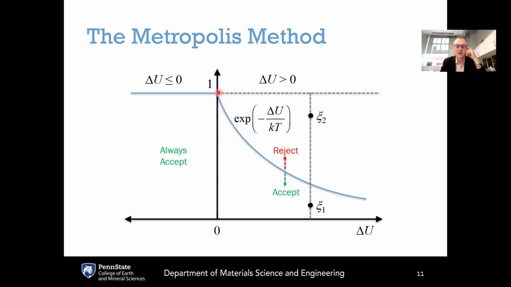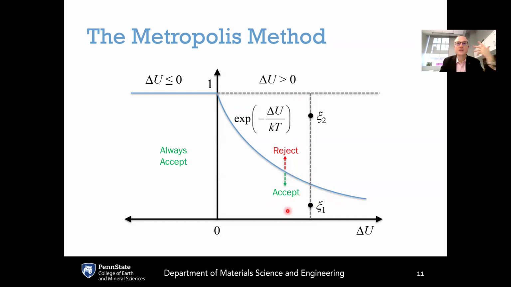So as the delta U increases here, this Boltzmann probability function is decaying. Now, what we do is draw a random number between 0 and 1. And if that random number falls above this Boltzmann curve, then that move gets rejected. If the random number falls below the Boltzmann curve, then this gets accepted.